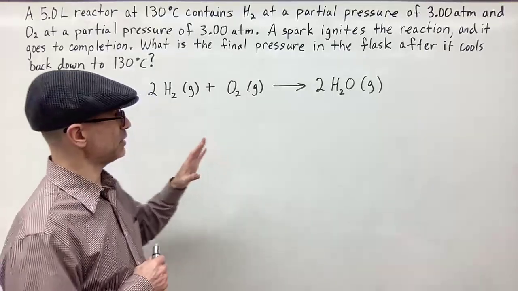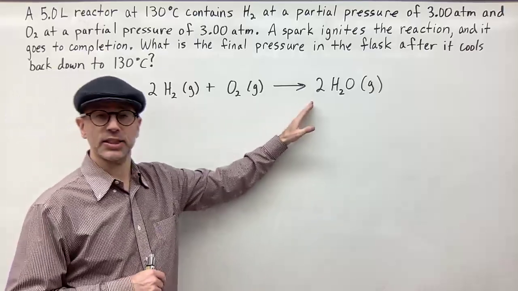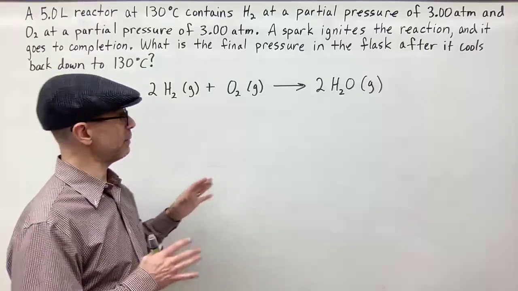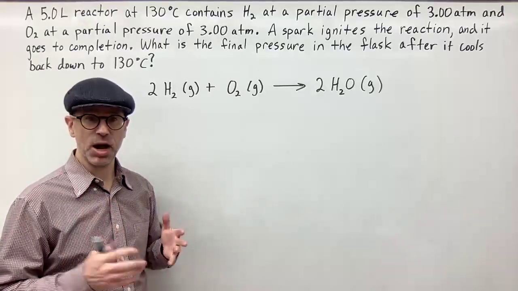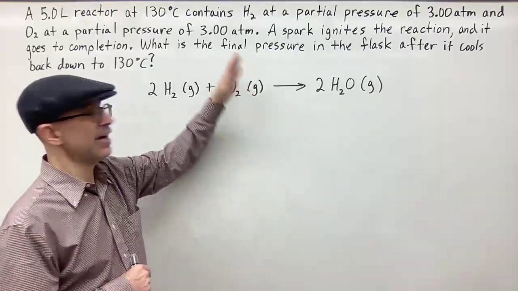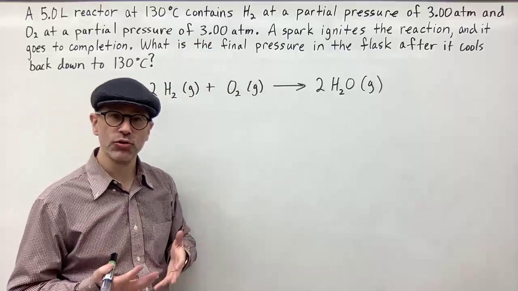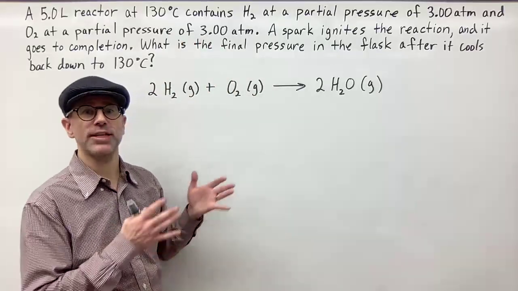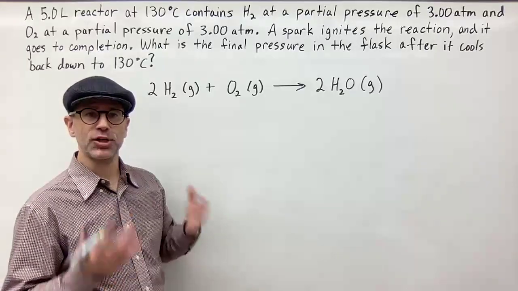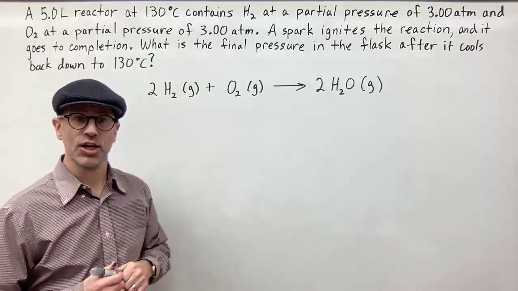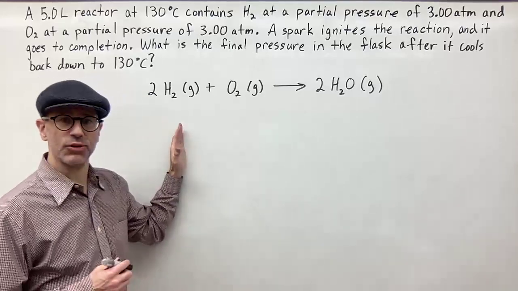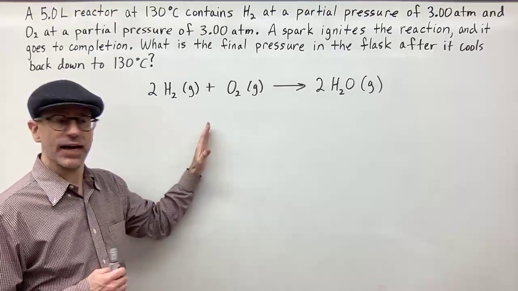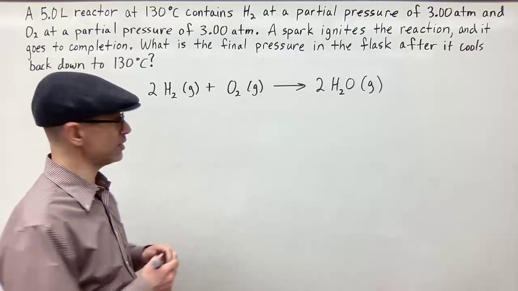So they give us atmospheres and they give us a balanced equation. The great thing about this is when you're given a problem like this, especially if it's a gas problem and they give you a balanced equation and they don't give you any moles, see if you can use the atmospheres as moles. There are certain conditions under which that is going to be the case. So let's write down the combined gas law.